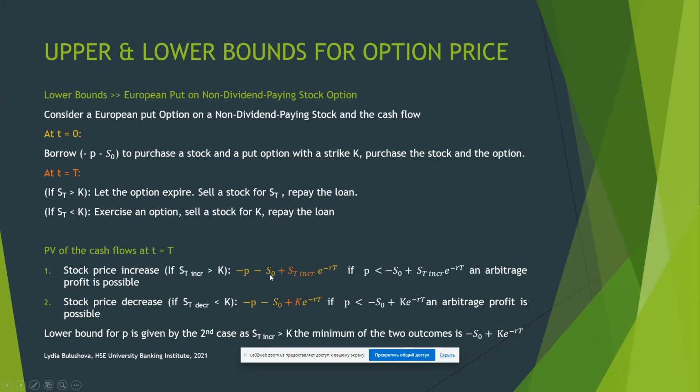Minus B minus S sub 0. That's what we have borrowed at time t equals 0 at the beginning. And this is what we received. We received S sub capital T, and we multiply our proceeds by a discount factor to bring this future value to a present value.